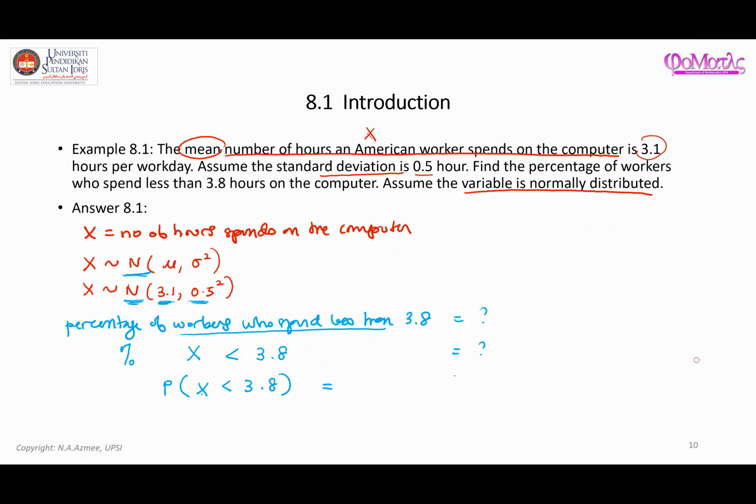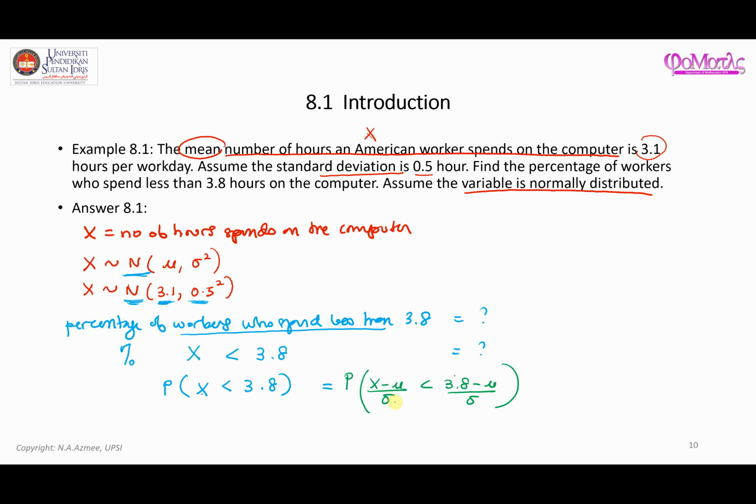Alright, in order to convert that, we are going to apply the formula here. That means x here, you need to subtract mu over sigma. Therefore, on this side also you have to subtract mu over sigma. So that's the process.